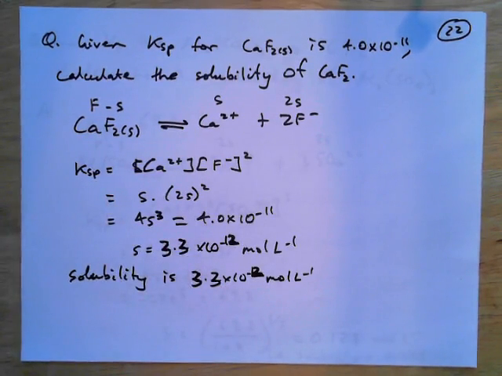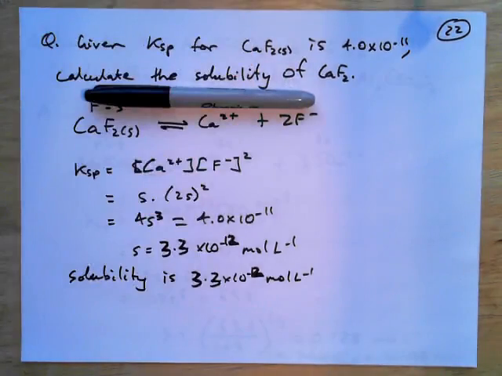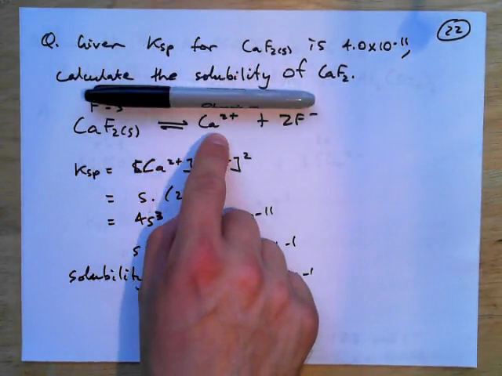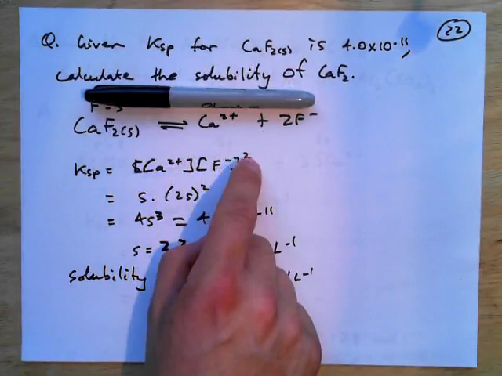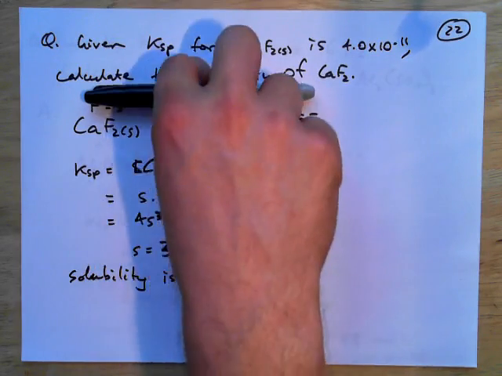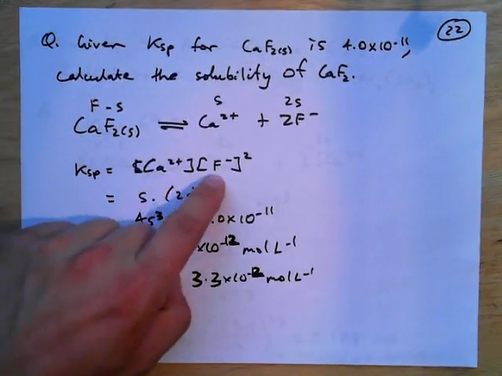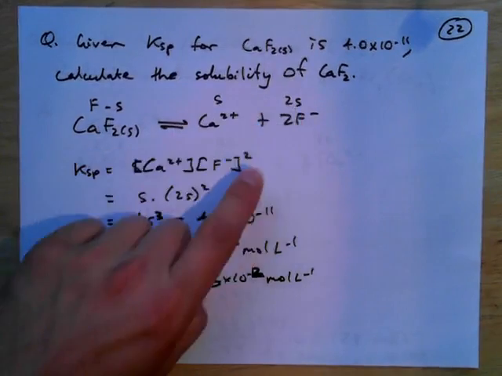That equilibrium expression, if you remember, was looking at the calcium 2+ and the fluoride squared, because of the 2 there. Then after that, you can put in the S terms. So once you've got those there, you put in the S for the calcium and you put in the 2S for the fluoride.